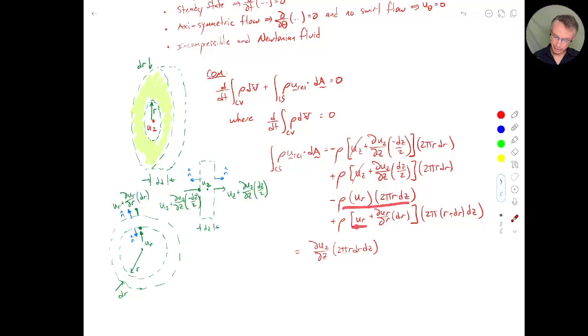And then let me go ahead and expand this whole thing and simplify it. So we'll have a minus rho ur 2 pi r dz.